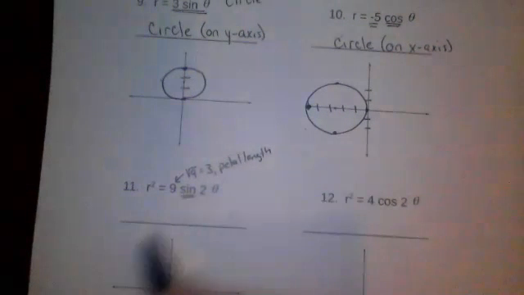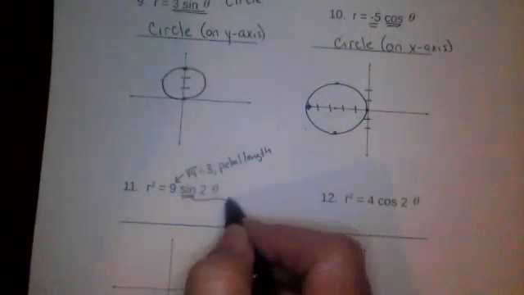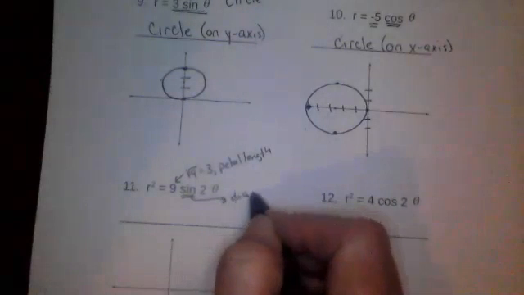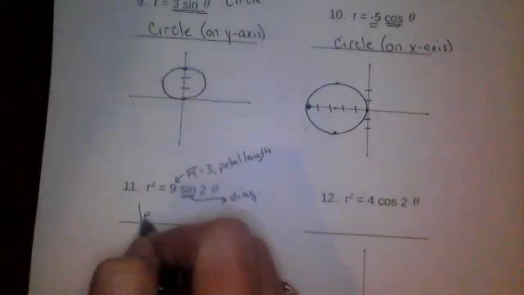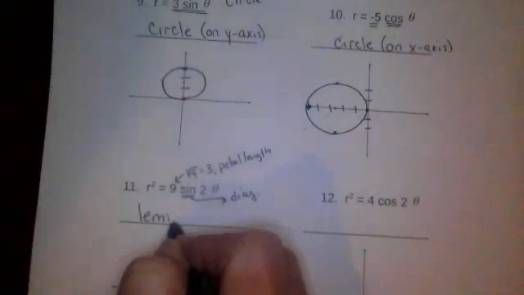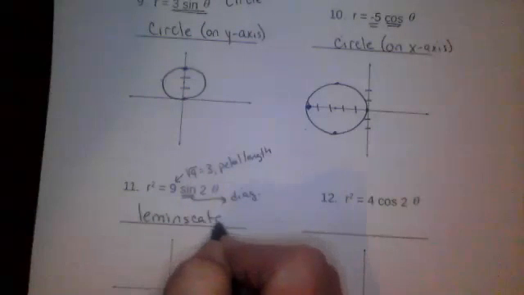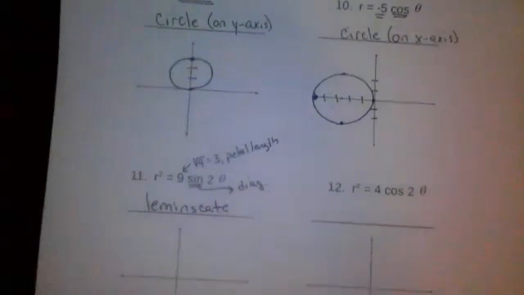Because it is a sine, like I said, it's not going to be on the x-axis, it's going to be on the diagonal. And, well, I guess we need to name it. This one is a lemniscate. All right.